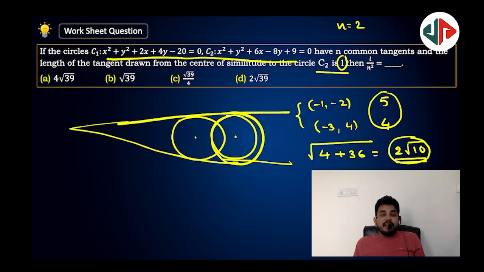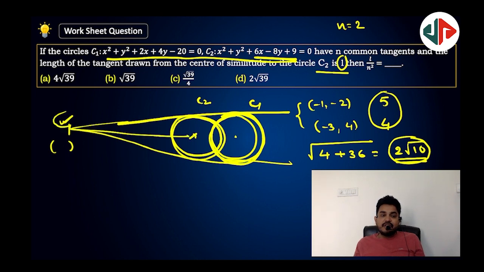Now, the length of the tangent drawn from the external center of similitude to one of the circles. Here the bigger radius will be this side and the smaller radius will be this one. So this is C1, this is C2. I need to find the external center of similitude, which divides C1, C2 externally in the ratio 5 is to 4.